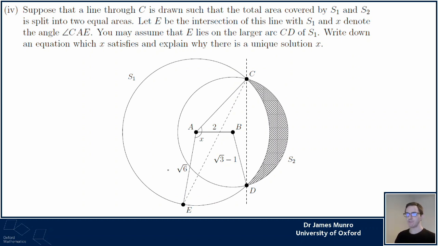I think first I want to think about the total area. I want the total area covered by S1 and S2. We actually know what that is because we just put loads of work into finding this shaded area, and the total area covered by S1 and S2 is the area of S1 plus that shaded area.